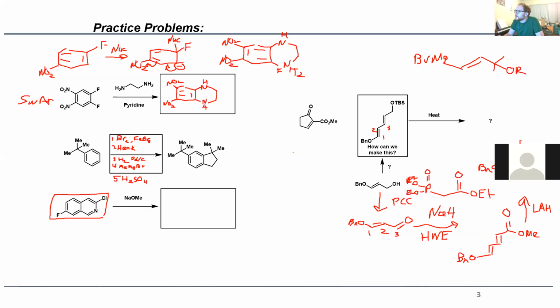Hydride reductions of esters can bring them all the way down to the alcohol oxidation level, and then reaction with TBS chloride and triethylamine, or sodium hydride and TBS chloride.